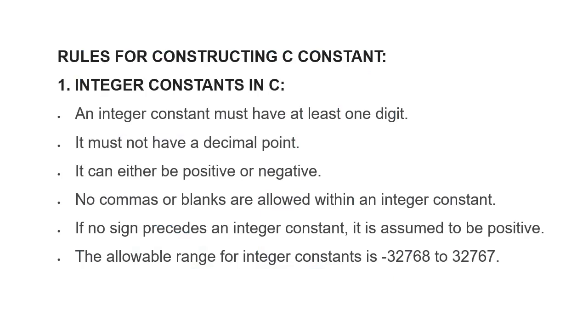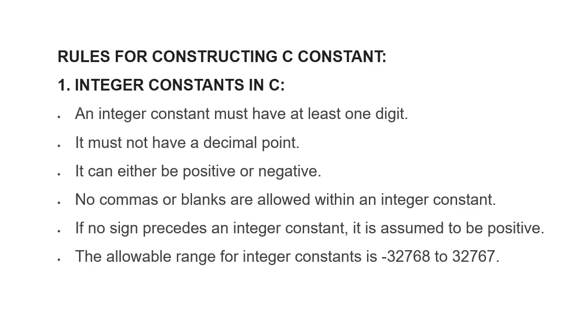Rules for constructing a constant in C. First rule, an integer constant must have at least one digit. It must not have a decimal point. It can be either positive or negative.